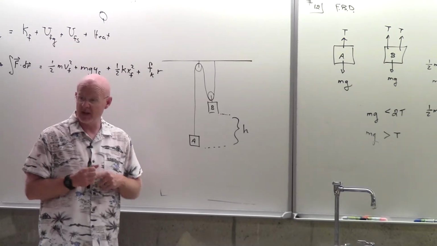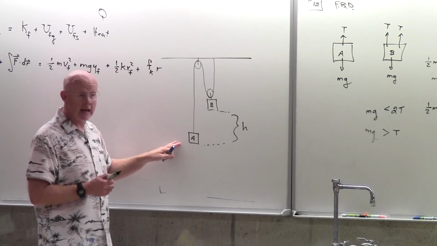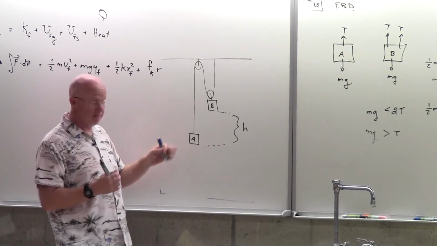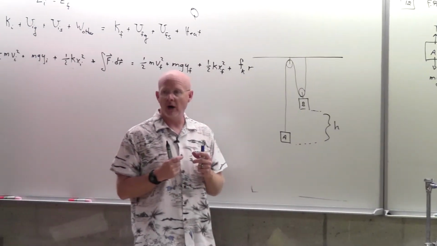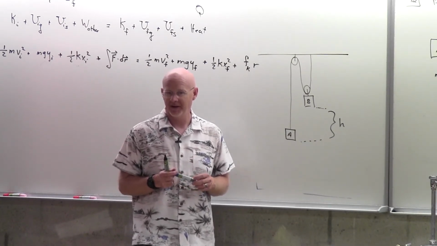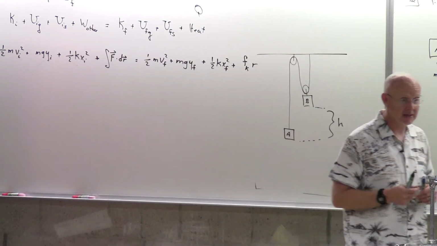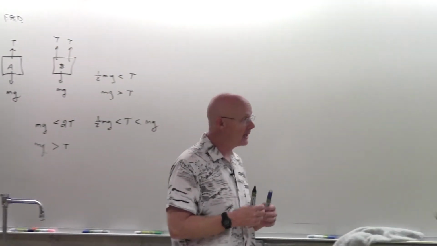And again, more reason why this is kind of a review problem here. Does block A, now that we've decided block A moves down and B moves up, do they move up and down the same distance? They don't, right? Well, we're back to that physical picture here.